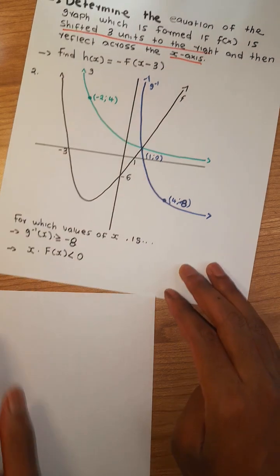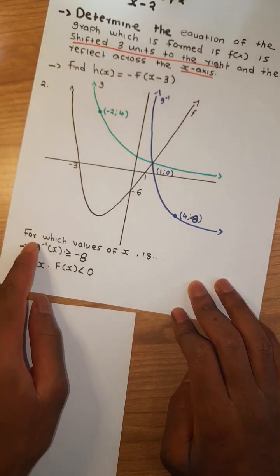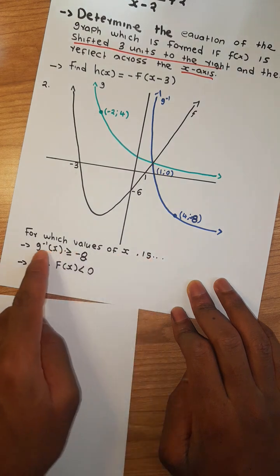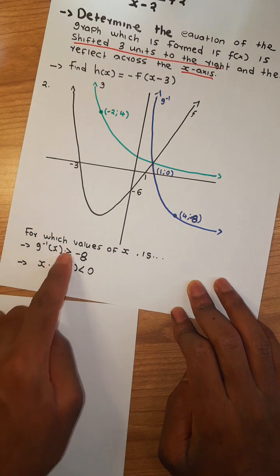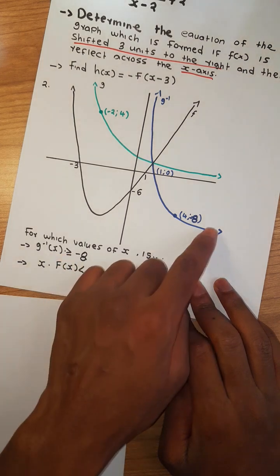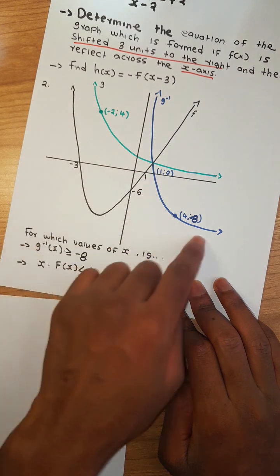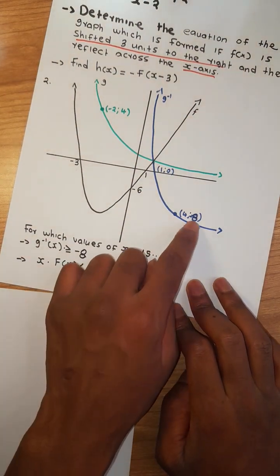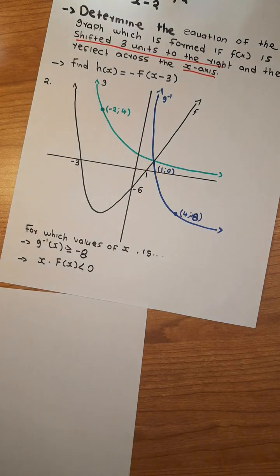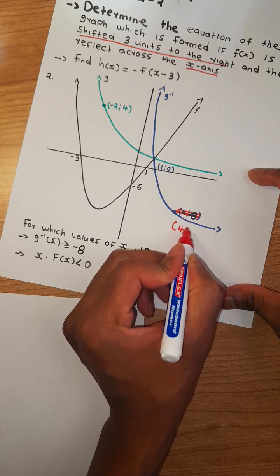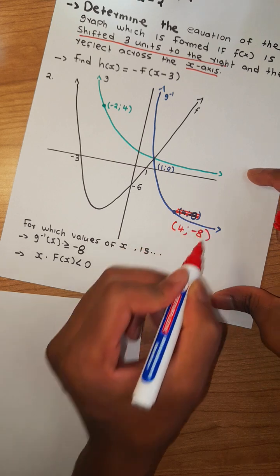Okay, let's look at this. They are saying, for which values of x is the inverse greater than or equal to -8? So let's just focus on the inverse. The inverse is the blue one. If you are colorblind, I'm sorry. So this point, ladies and gentlemen, is actually (4, -8).